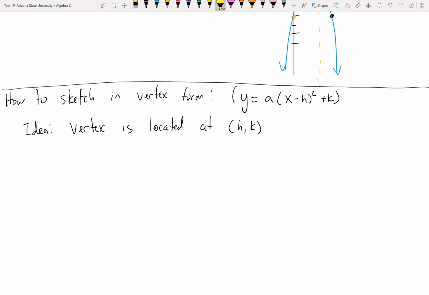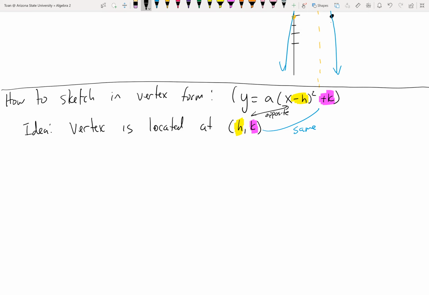Do note that in vertex form, this is a minus h, whereas this is a regular h. So these guys here will always be opposite to each other. Whereas the k, see how this is a plus k, a positive k, and this is a positive k? These guys here will always be the same.